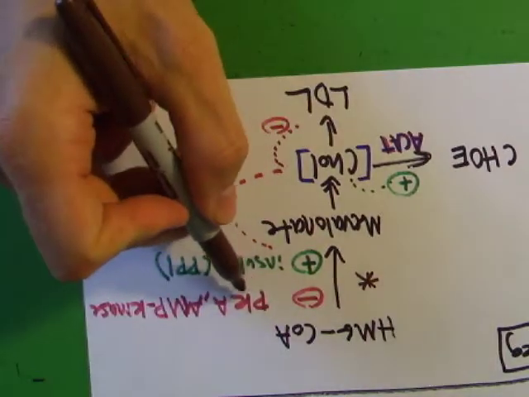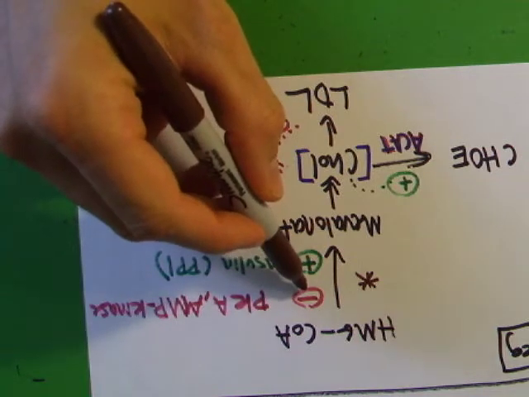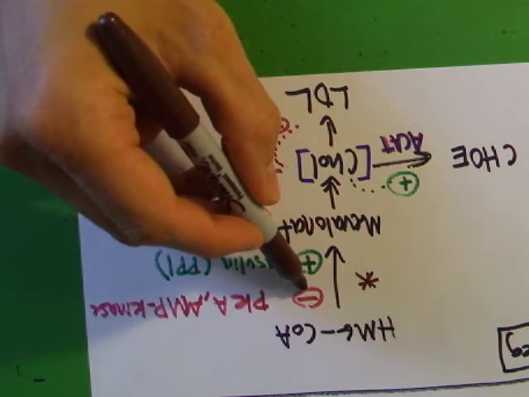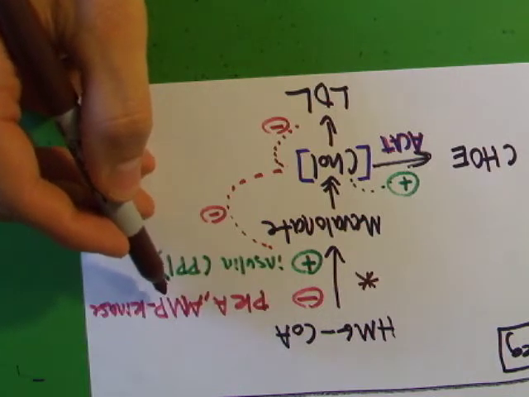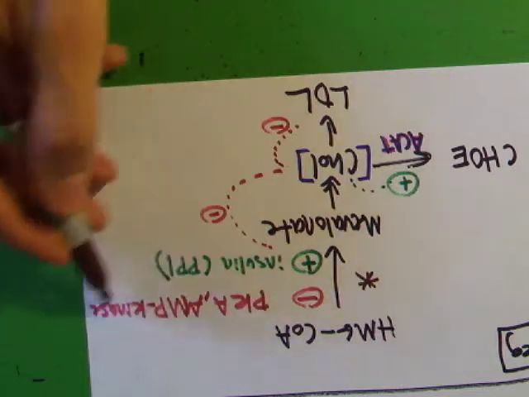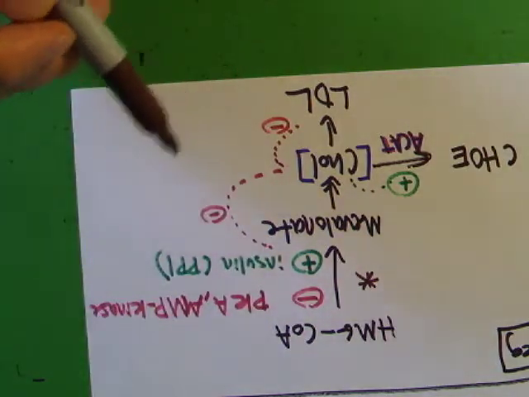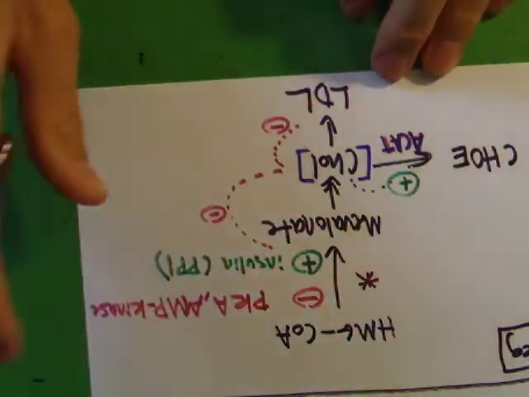Epinephrine or glucagon will create PKA, so that will inhibit HMG-CoA reductase. AMP kinase will also partially inactivate HMG-CoA reductase, so that's another one that will inhibit this process. So that's the hormonal regulation.